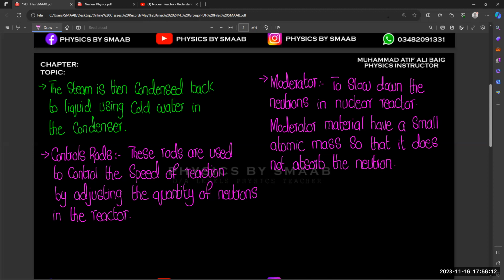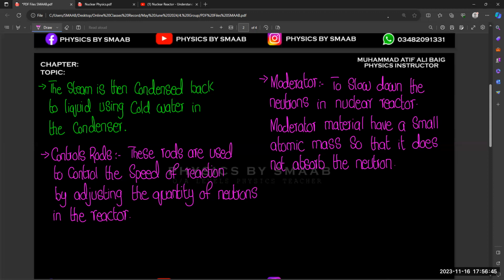Because if we are using a moderator which completely absorbs the neutrons, since we are performing that experiment with water or heavy water, it would absorb all the neutrons and the nuclear fission reaction would not carry forward. So that's why it does not help to absorb the neutrons. It only slows down the neutrons, which actually perform the fission reaction, right?